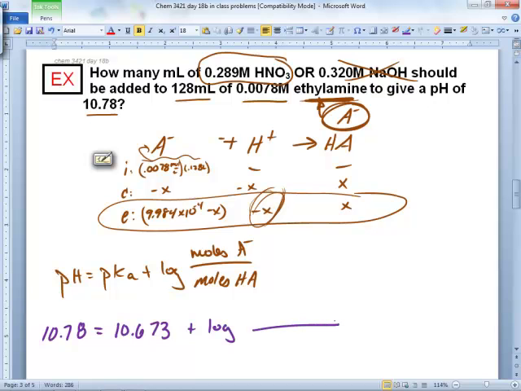Now the moles of A-, we put 9.984 times 10 to the negative 4 minus X. And then the denominator, we put X. Solve for our X.